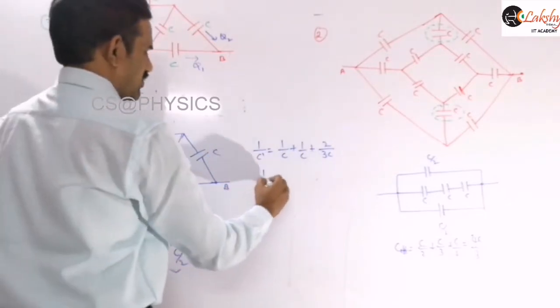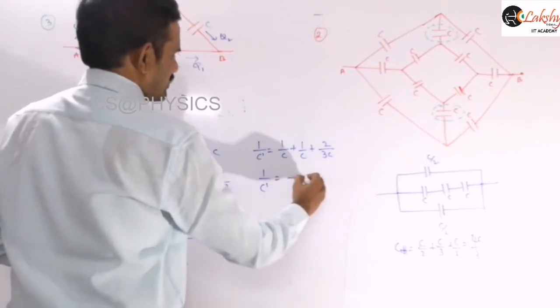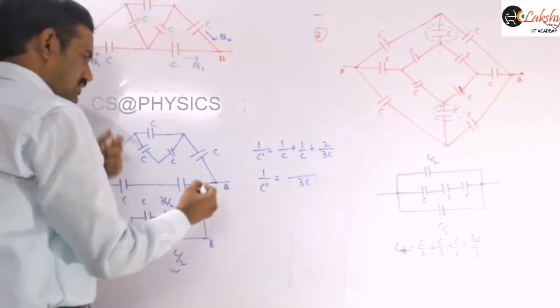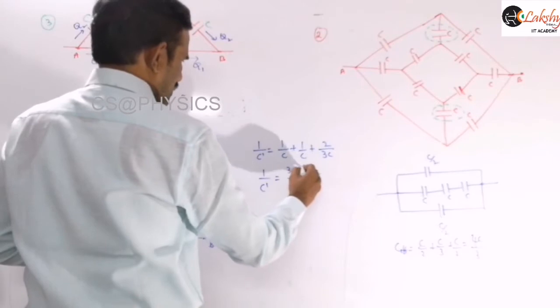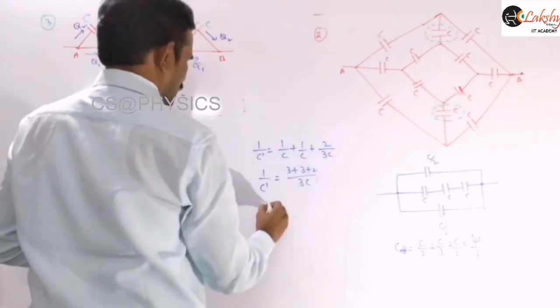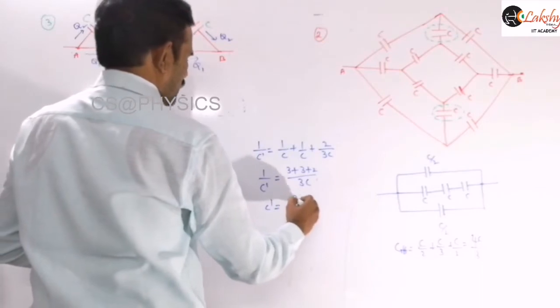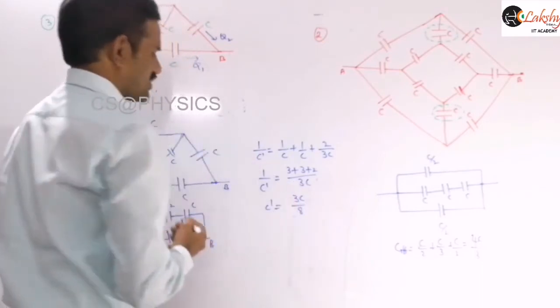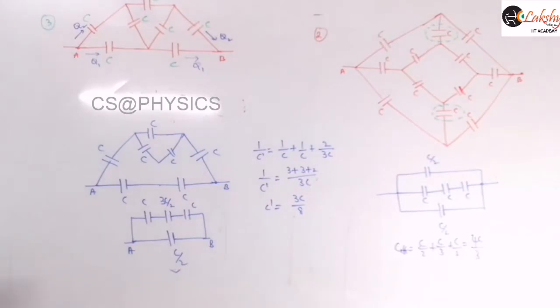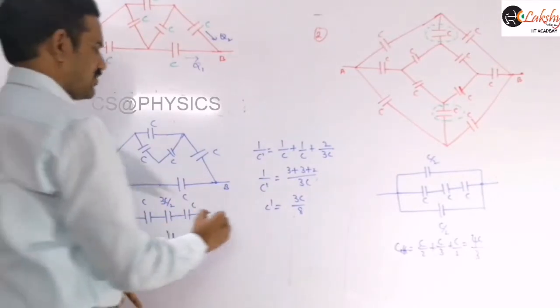So therefore this 1 by C dash is equal to, you can write this as 3C, and then take the LCM: 3 plus 3 plus 2. Therefore this C dash is equal to 3C by 8. So it is the effective capacitance of those three capacitors. Now that combination is in parallel with C by 2.